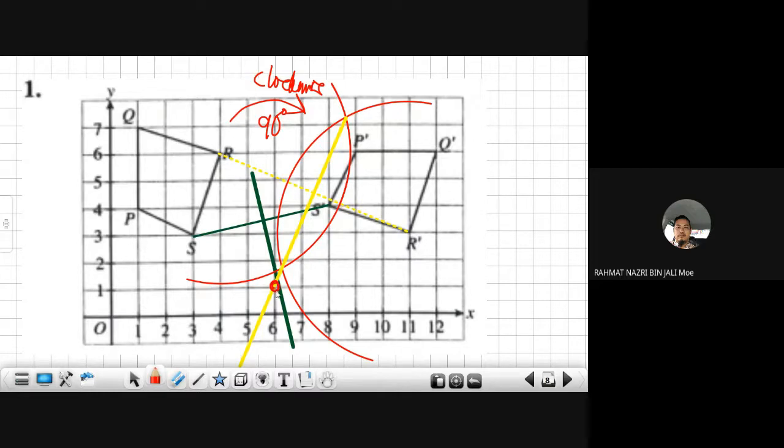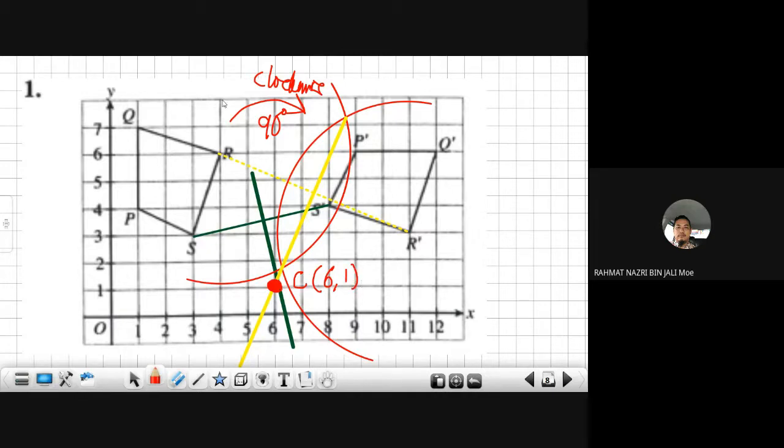The intersection is here. So this we call the center of rotation, and then we have to state the coordinates of the center of rotation, which is 6, 1.